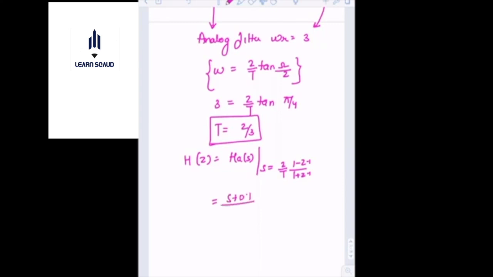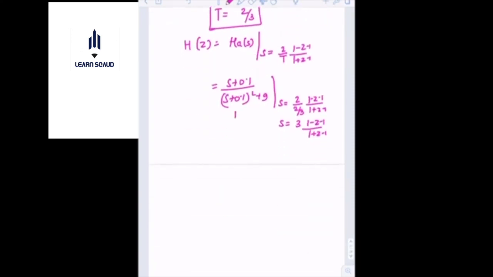S plus 0.1 upon (S plus 0.1) whole square plus 9. Now we know 2 by capital T is 2 by 2 by 3. So this will come out to be S equals 3 (1 minus Z inverse) upon (1 plus Z inverse).